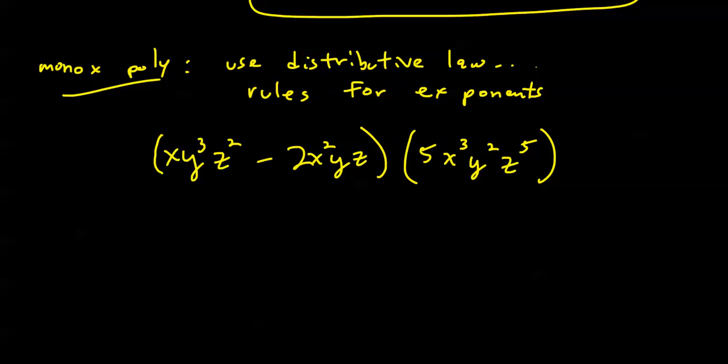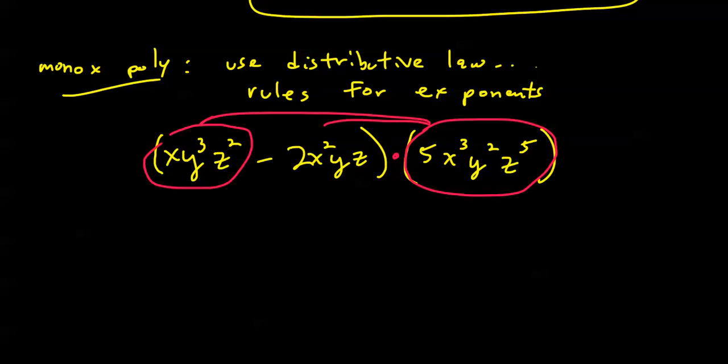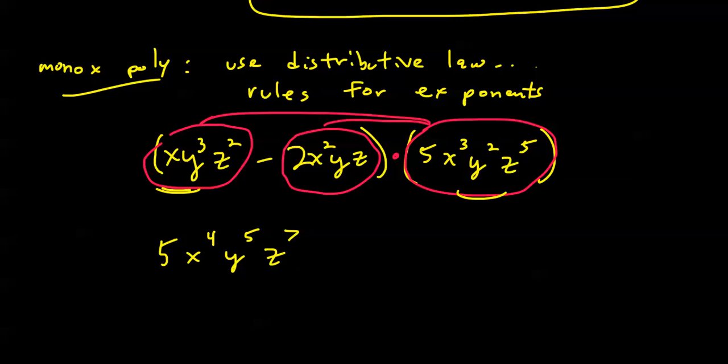Alright, the motif is the same. This is a product, so again I can multiply left to right or right to left. I'm going to take each term of this binomial and multiply it by 5x cubed y squared z to the fifth as indicated. Let me do this times this. I get 5x to the fourth power, y to the fifth power, z to the seventh power.